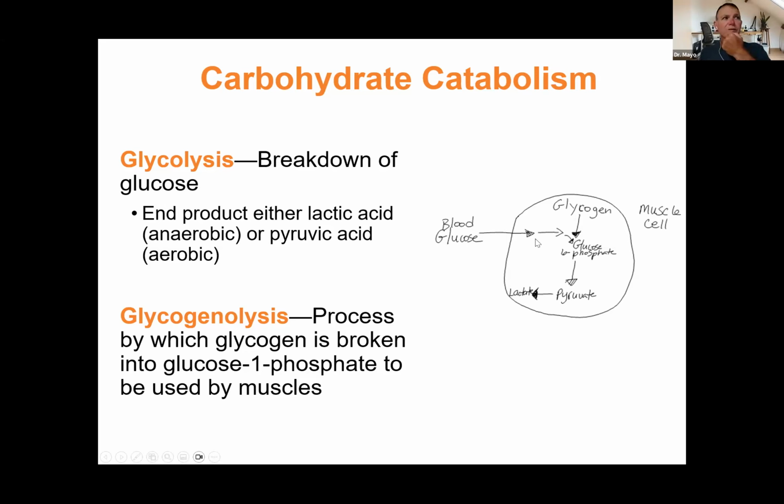Either you're bringing glucose in from the blood, or, as we mentioned, carbohydrate is stored in the muscle in the form of glycogen. Usually, when you start to exercise intensely, you're going to start breaking down glycogen in the muscle. The majority of that energy is coming from glycogen stored in the muscle. But we could also bring in glucose from the blood too.